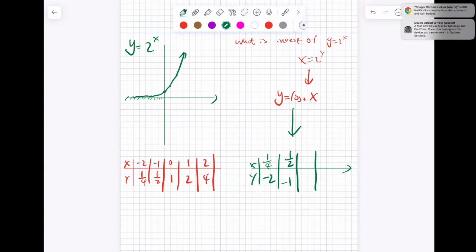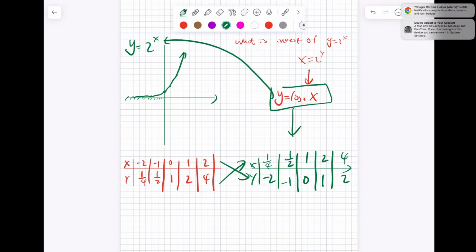What about 1? 2 to which power is 1? 0. And what about 2? 2 to which power is 2? 1. And 4 gives 2, right? Do you see this? It's a swap. So this is the inverse of this.